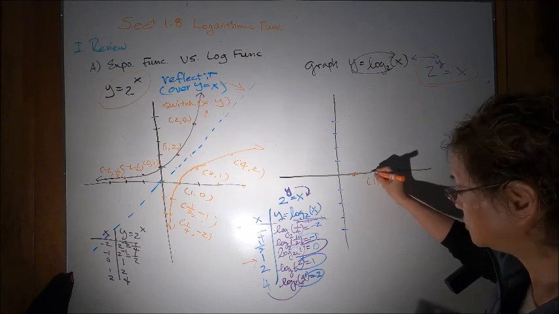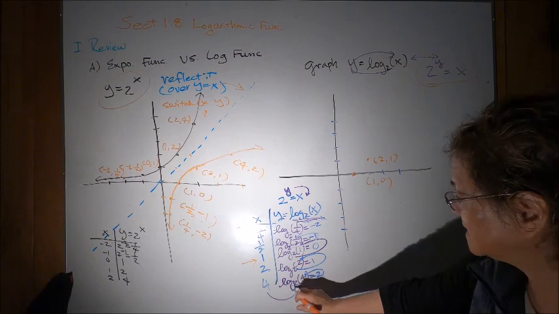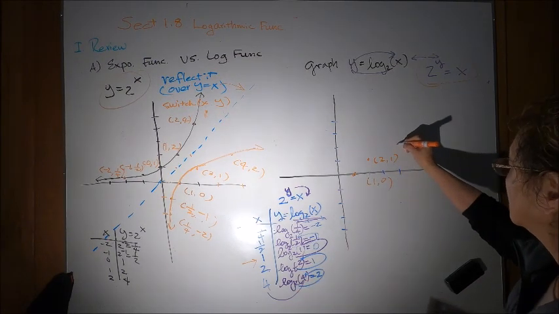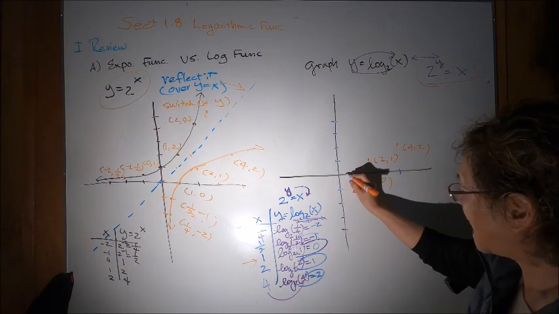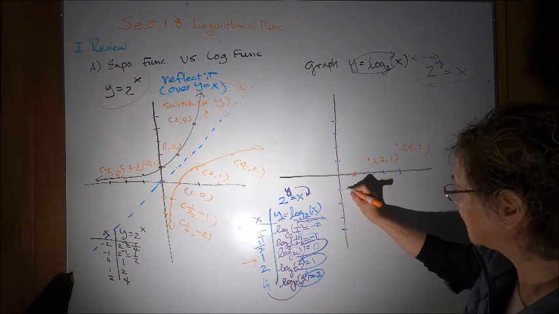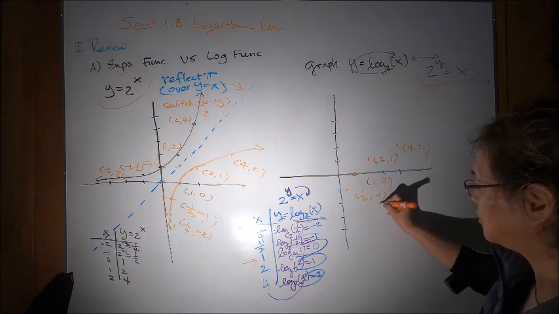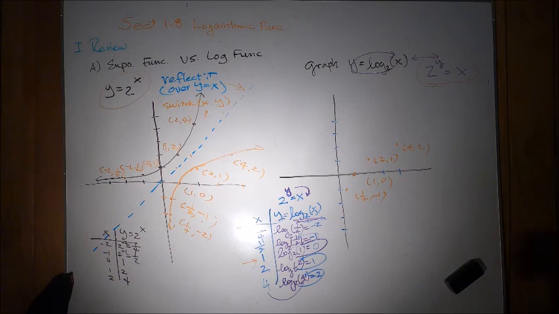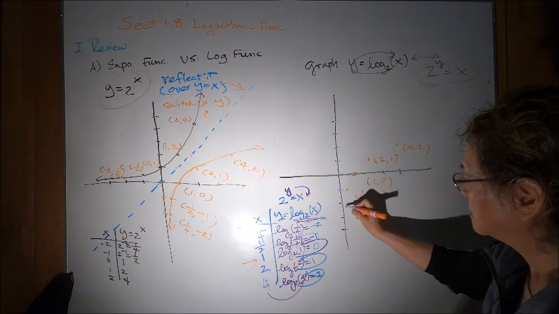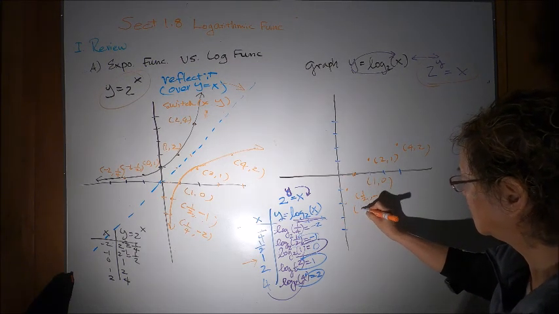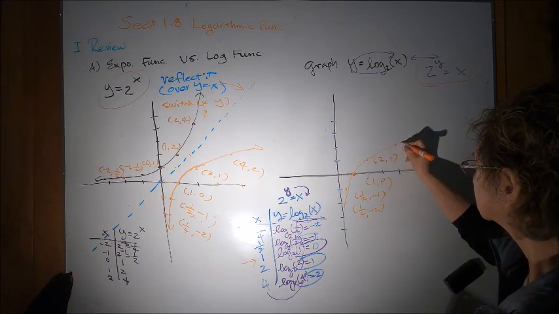When x is 2, y is 1. (2, 1). When x is 4, y is 2. (4, 2), right? When x is a half, y is -1. When x is a quarter, y is -2. So the graph looks like this.